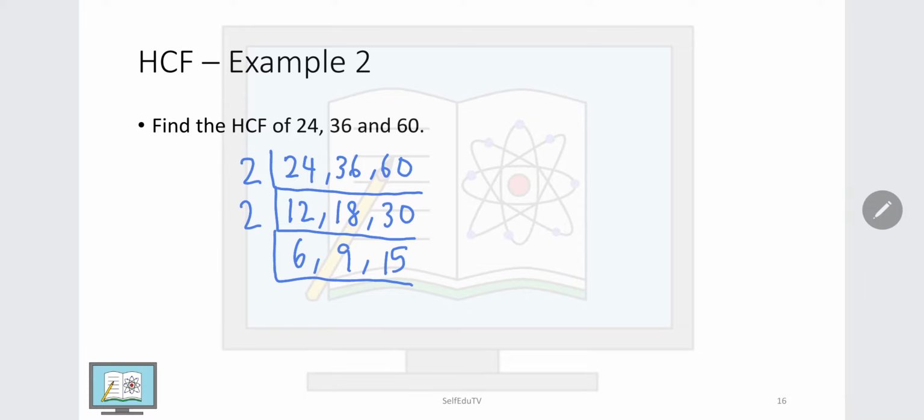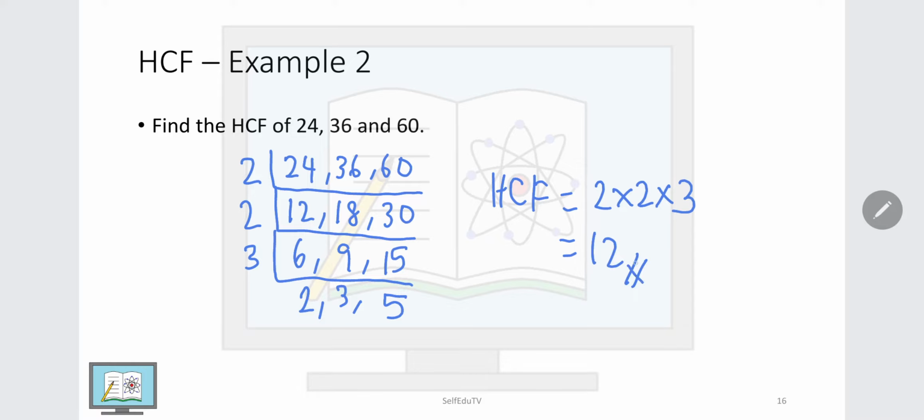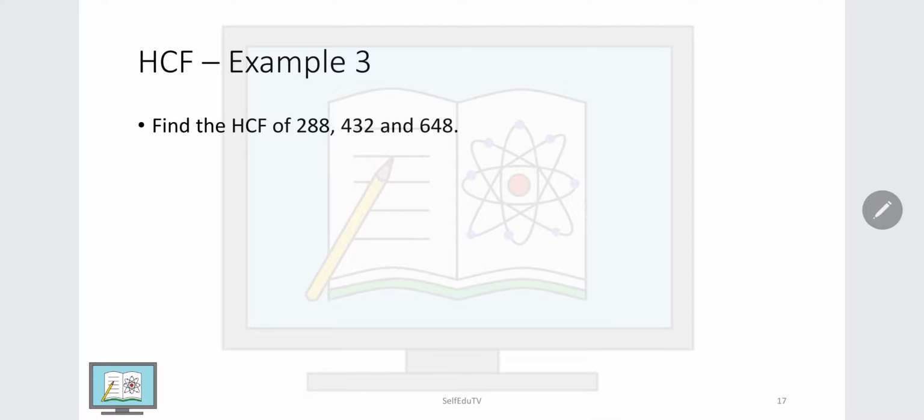And then you divide by 3. 6, 9, and 15 are divisible by 3, obviously. So you cannot proceed anymore. So it will be 12. Another example. You may pause this video and try it.